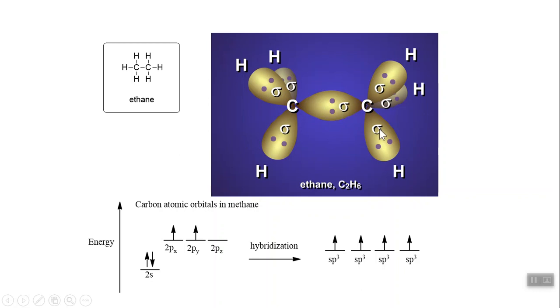Those sp3 orbitals are the average of these 3 p orbitals and the s orbital. They're smushed together like clay and then divided out into 4 equal parts to give us those 4 sp3 orbitals here and 4 here.